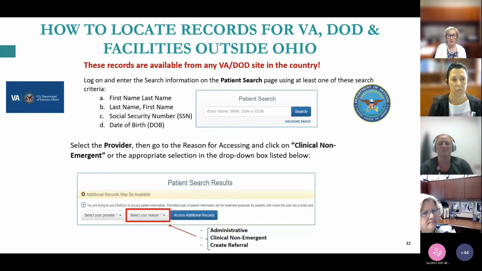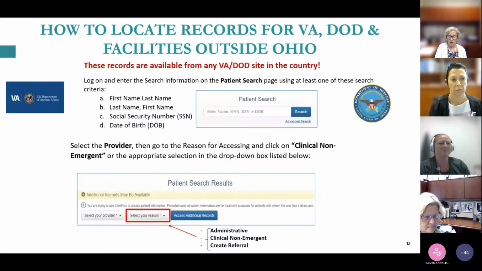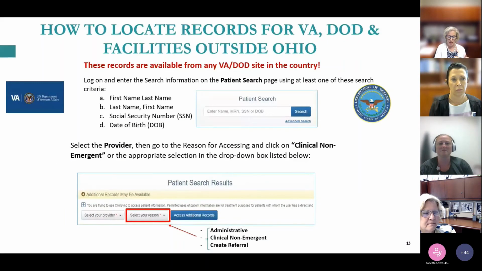Now, I typically click on advanced search, so then you can put in name and date of birth, but you can do it either way. And then once you get past that, it will bring up the next snippet in the slide, and you select your reason, and you will choose the clinical non-emergent reason.